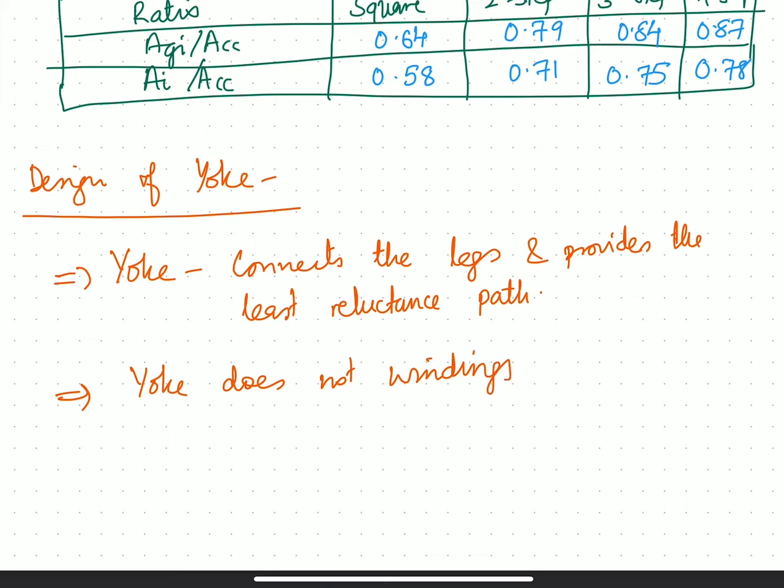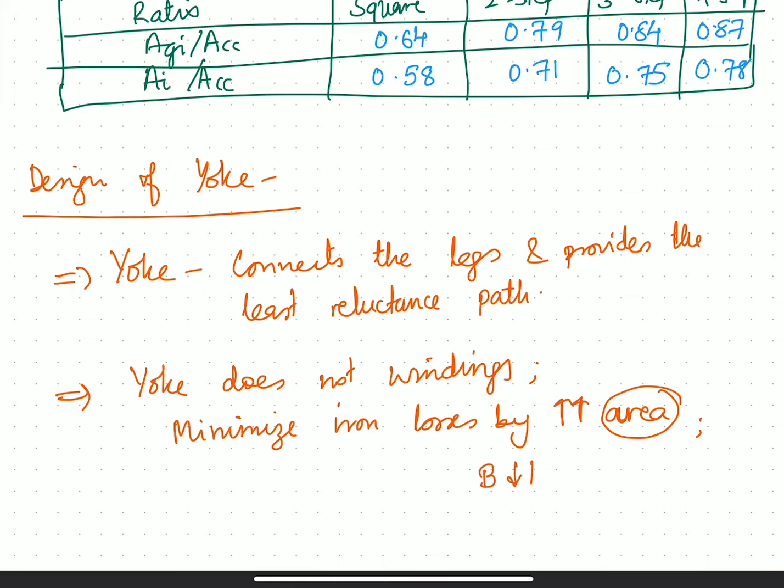So what do we do? We can minimize the iron losses by increasing the area. What happens because of this increase in area? You reduce the flux density B. We have talked about this in the previous lectures.